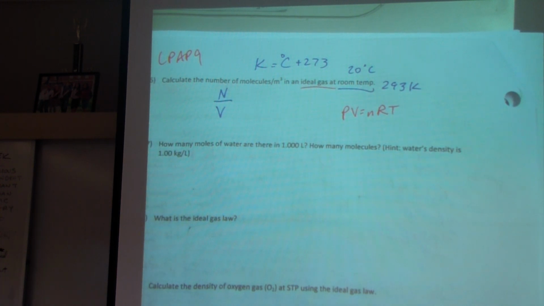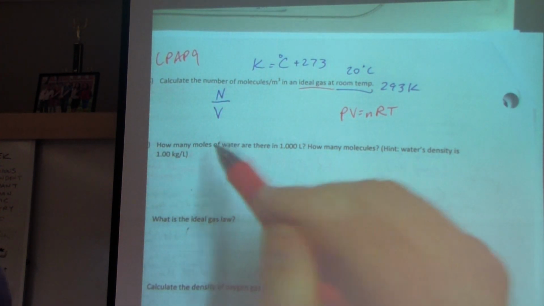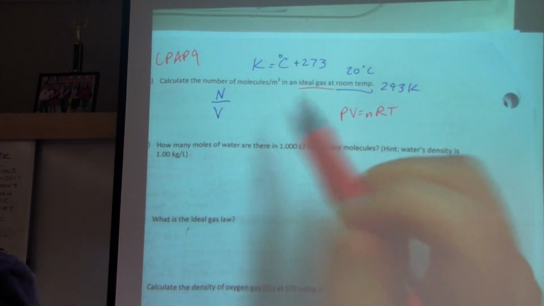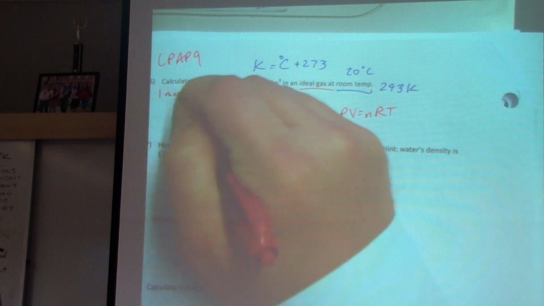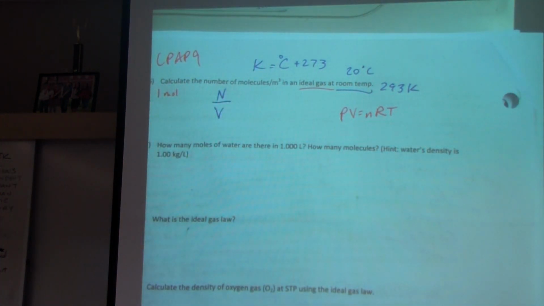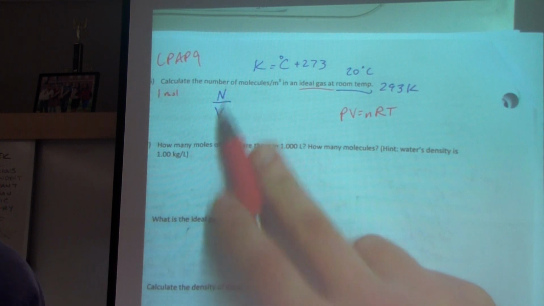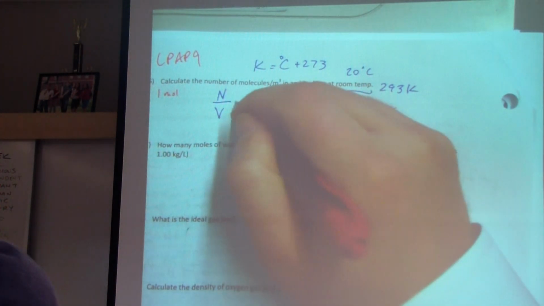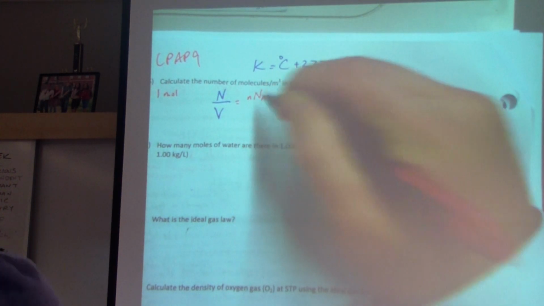But also, oh, you know what I think I left off here? One thing we need to know is how many moles of gas are we talking about? I think I left this out. So let's say there's 1 mole. You're trying to find N over V. N is equal to the number of moles times Avogadro's number.